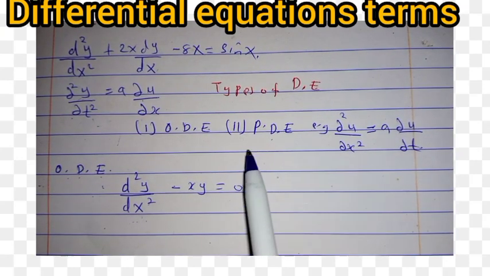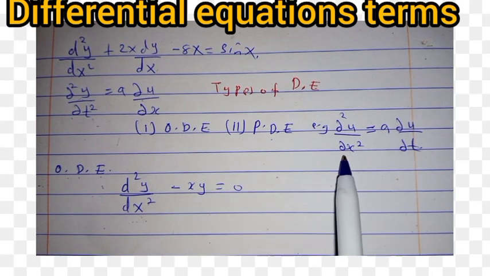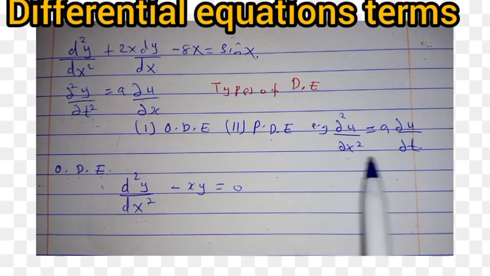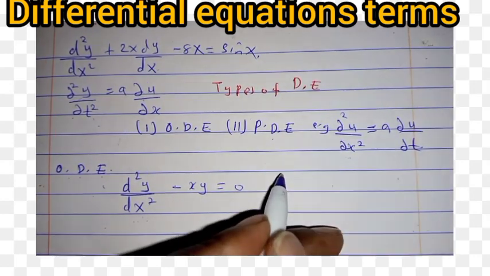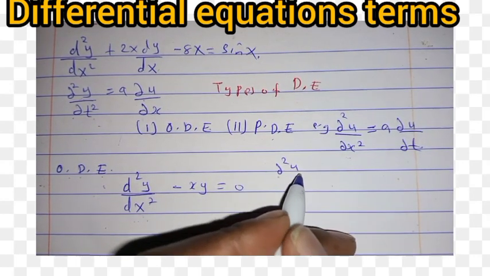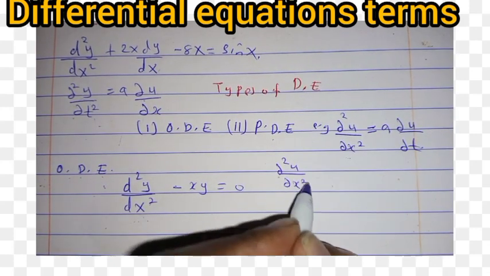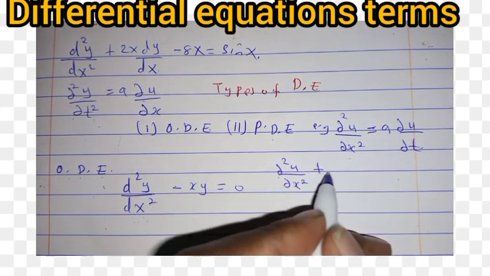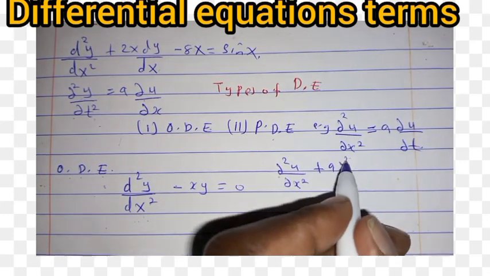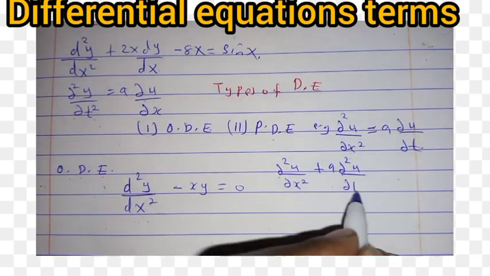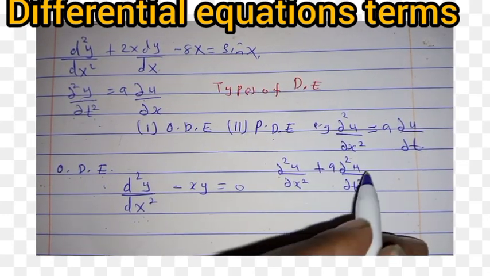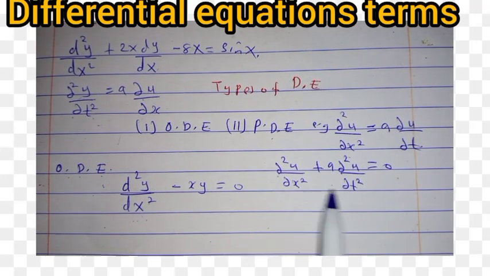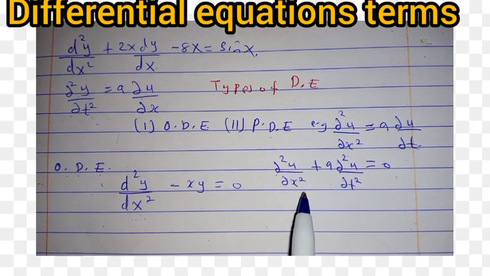It is a good example of a partial differential equation because there are multiple independent variables, x and t. Also, the wave equation, which is given by the second derivative of u with respect to t squared plus a times the second derivative of u with respect to x squared is equal to 0.